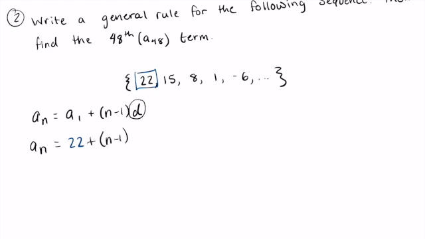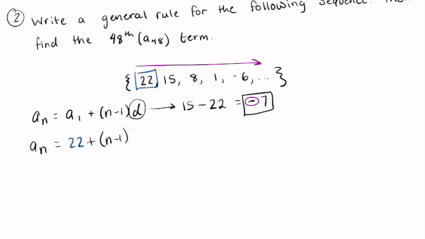And now we've got to find that common difference. So take my second term minus my first term, which gives me negative 7. Now, notice that all of my terms are decreasing in value. It's 22, minus 7, minus 8. So in that particular case, my common difference should be negative.